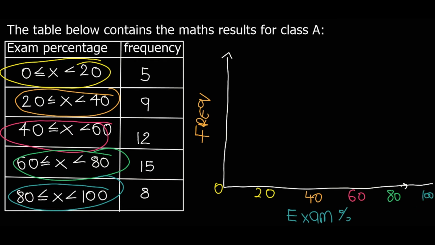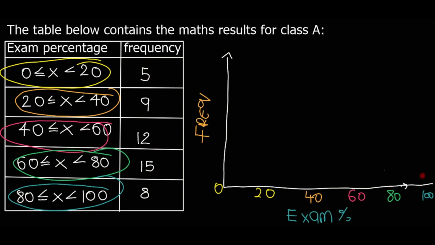Something very important: this width is the same. The difference from 0 to 20 is 20, moving from 20 to 40 is 20, from 40 to 60 is 20. So always this width is 20 each. Now let's label the frequency: 5, 9, 12, 15, 18.